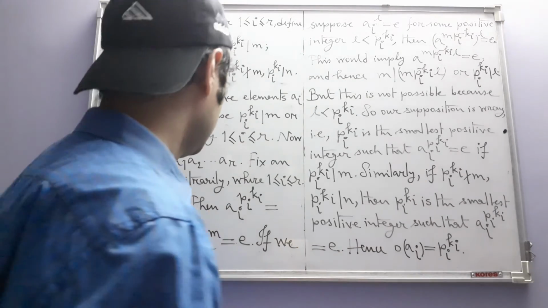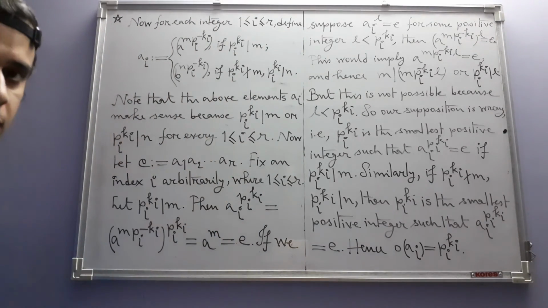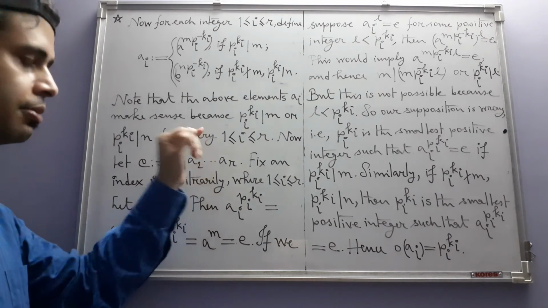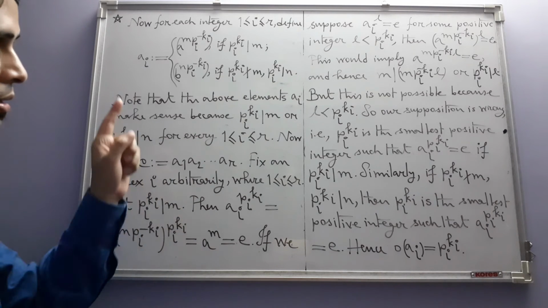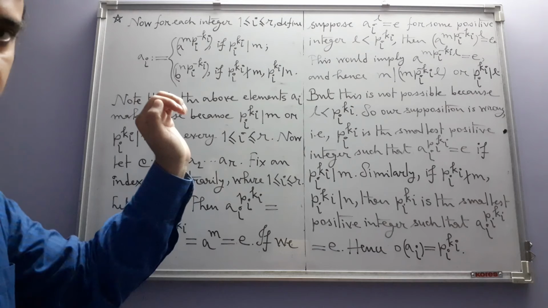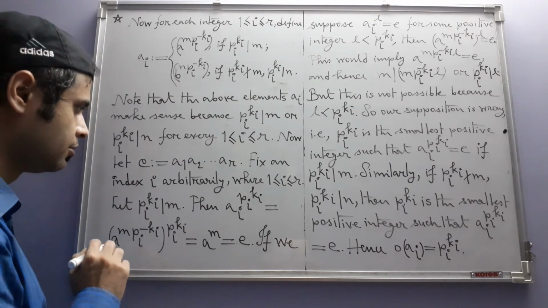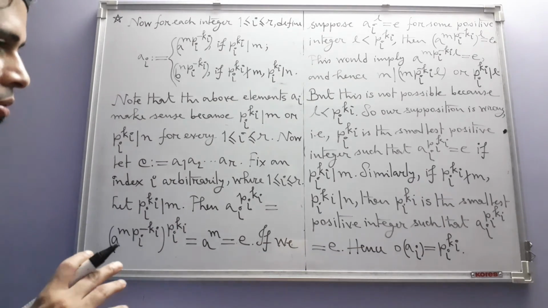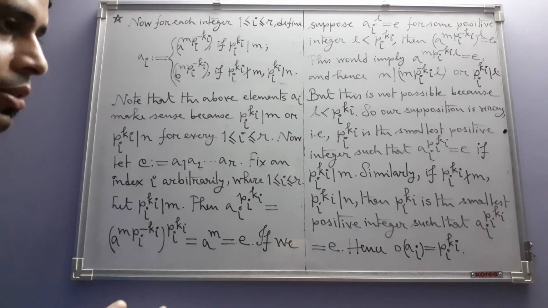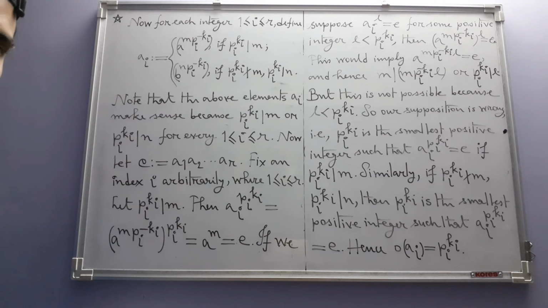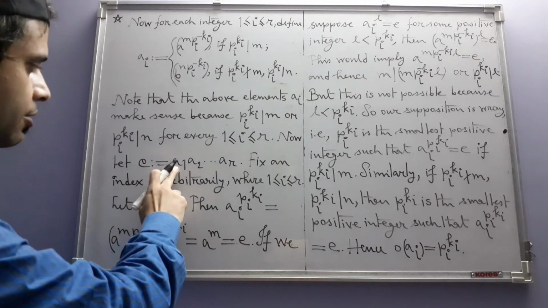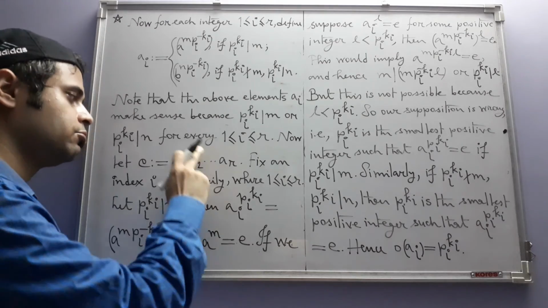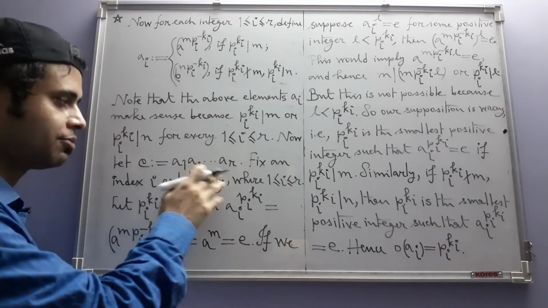Okay. Now you look at the element c. This one has order p1 to the power k1, a2 has order p2 to the power k2, and you also recall what we did in the first paragraph. In the first paragraph, we showed that if two elements have orders m and n, and their least common multiple is the product, in other words, their orders are relatively prime, then their product is an element whose order is the LCM of the orders.